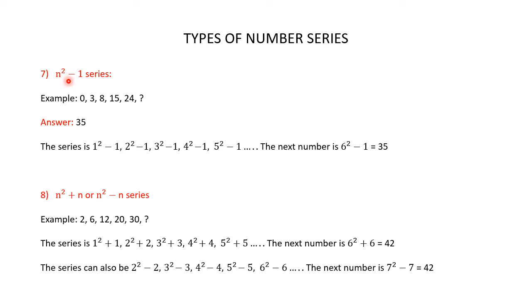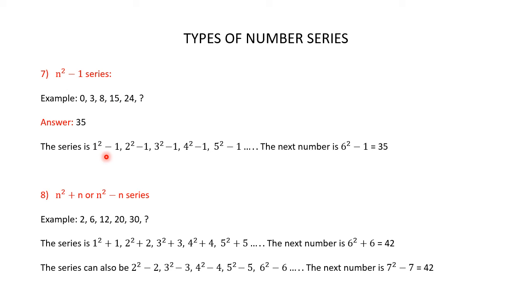Next is n squared minus 1 series. Let's understand n squared minus 1 series with an example. Look at this number series 0, 3, 8, 15, 24, question mark. You have to find the missing number here. When you observe the numbers in this series, you'll notice that this is an n squared minus 1 series.